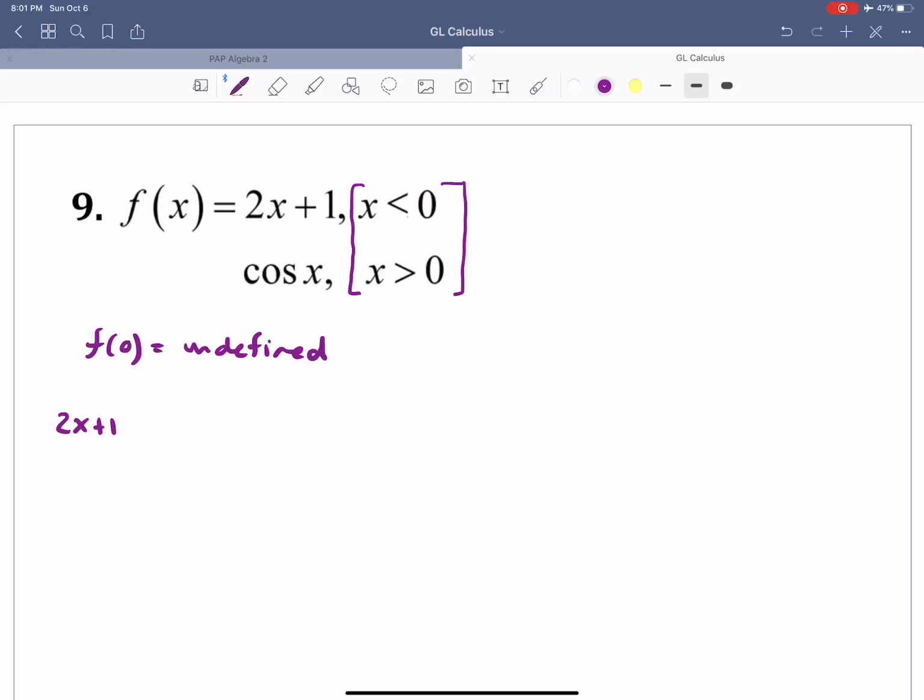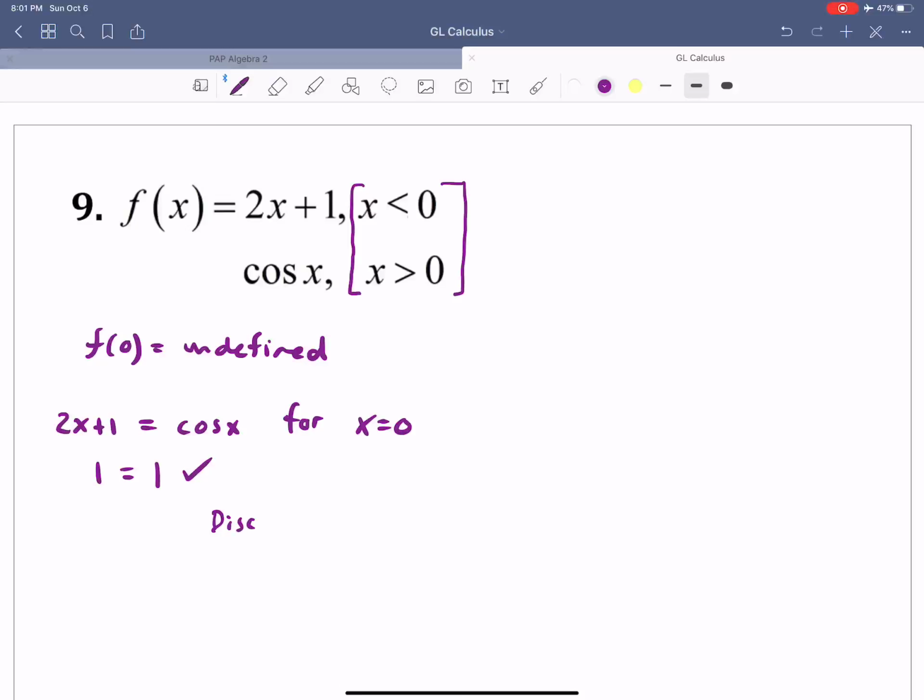So we have 2x plus 1 equals the cosine of x. And we're going to test that for x equals 0. We have 1 equals 1 as we do that. We get 1 on the left, 1 on the right. So those limits exist. They're the same thing.